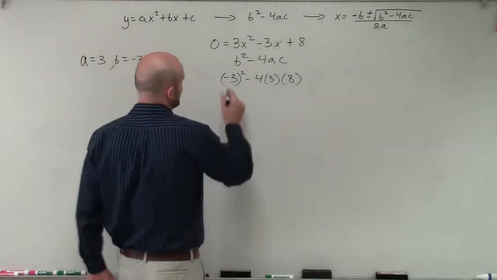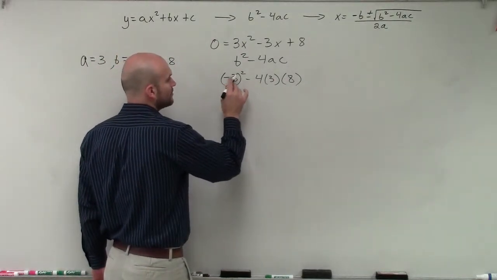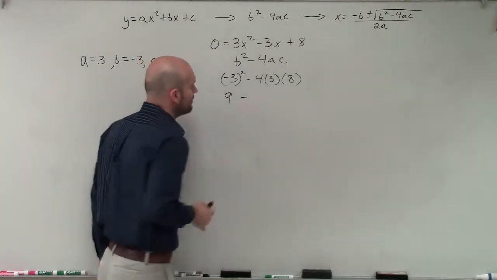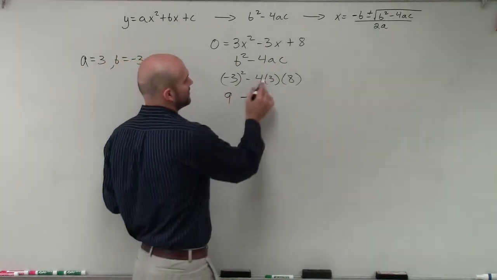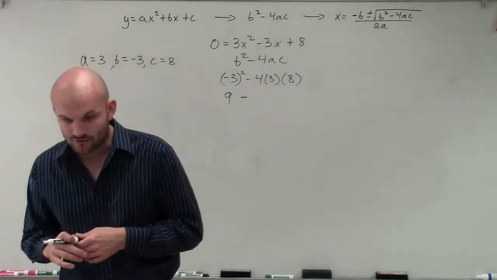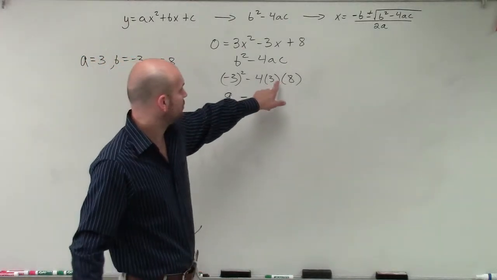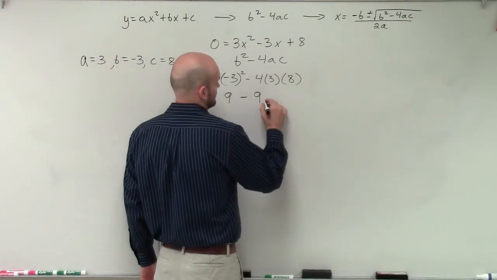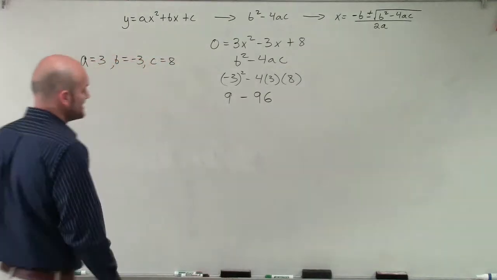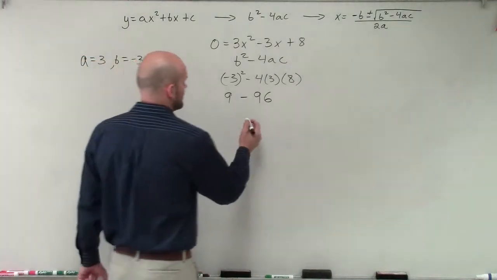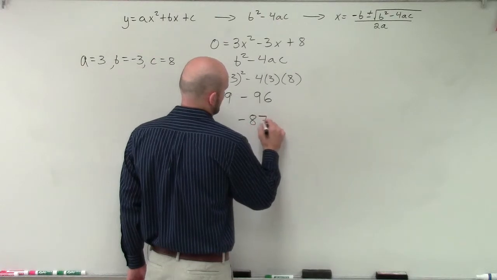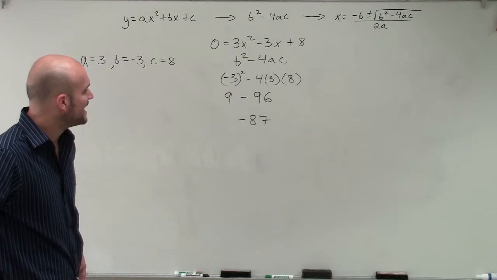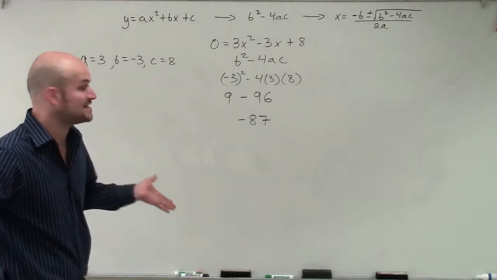We have -3 squared, which is going to be 9, minus -4 times 3, which is -12, and then -12 times 8 is going to be -96. So it's going to be 9 minus 96, which is going to equal -87.